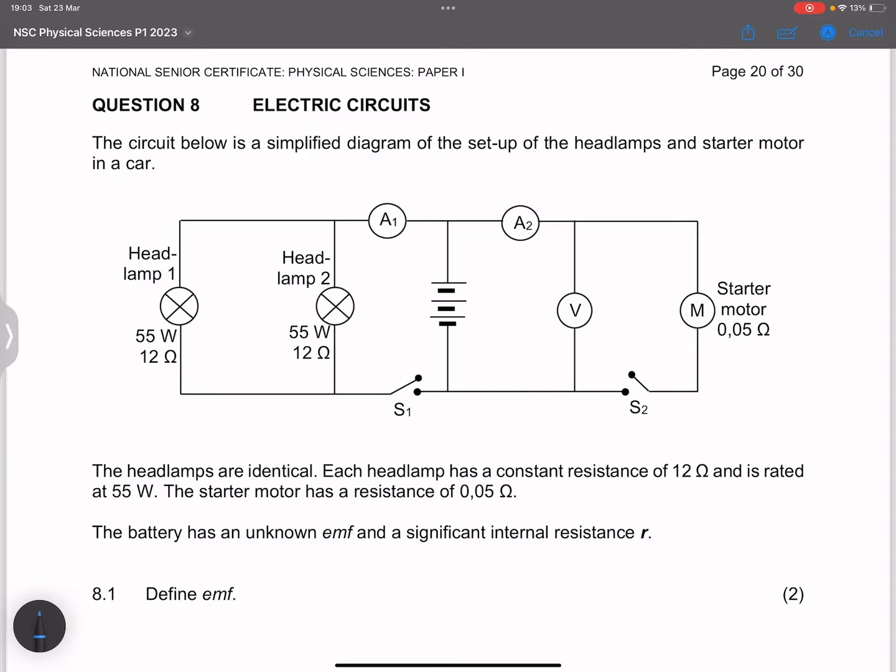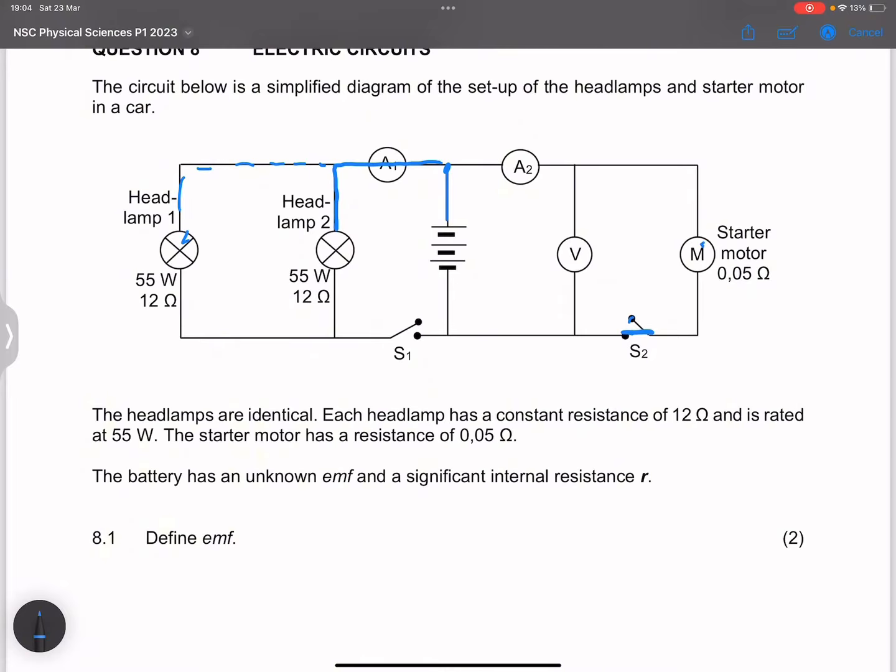We've got a battery there, and some of the current would go there and divide to the other lamp.